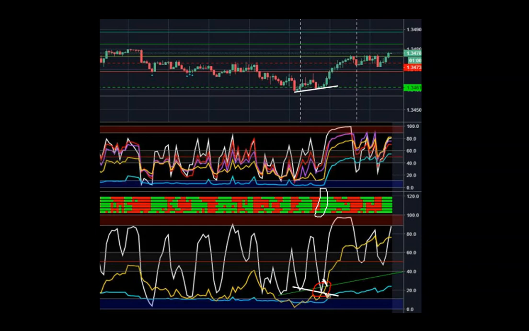To those that understand these hookbacks and the green bars that follow, it always makes for a very strong move, regardless of its relationship to this previous low. Whether it's lower or higher doesn't matter. And the reason it doesn't matter is because when it is lower and price up here is still higher, it's divergent. And that's why it works.